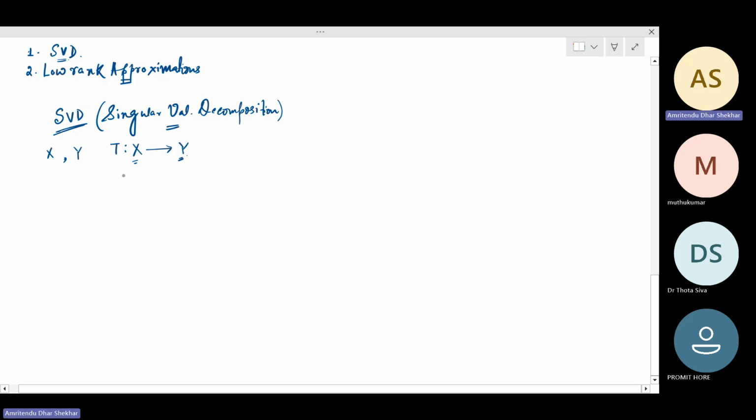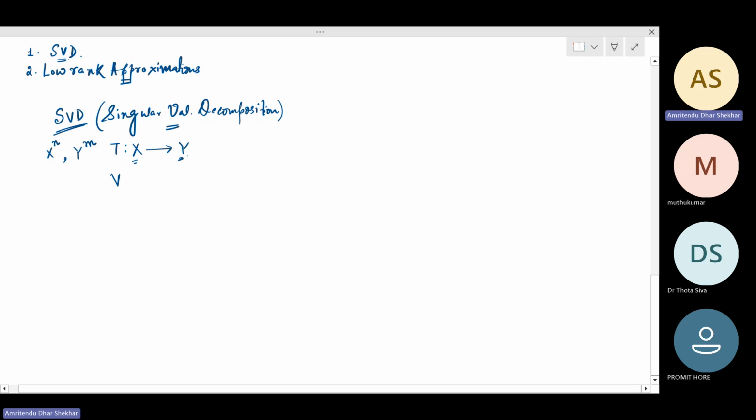This orthonormal basis for X, I'm going to write as a matrix V. Let's put dimensions over here. Let's say X is an n-dimensional space and Y is an m-dimensional space.